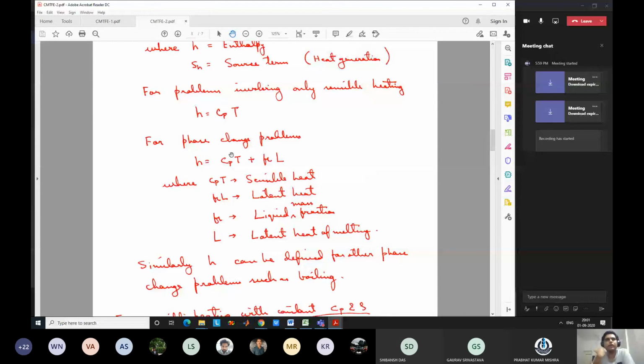If you go through thermodynamic tables, you will see that different tables have different values, because their reference states are different. So for a single problem, you cannot take one value from one steam table and another value from another steam table, because their references will be different. Sometimes it is minus 40 degrees centigrade, sometimes 0 Kelvin, sometimes 0 degree centigrade.